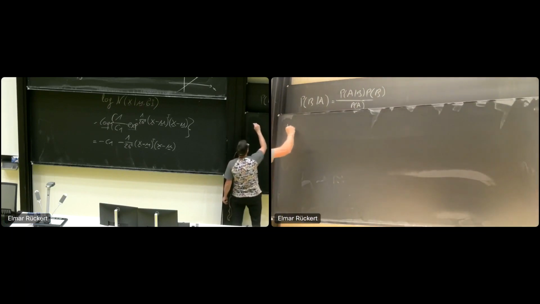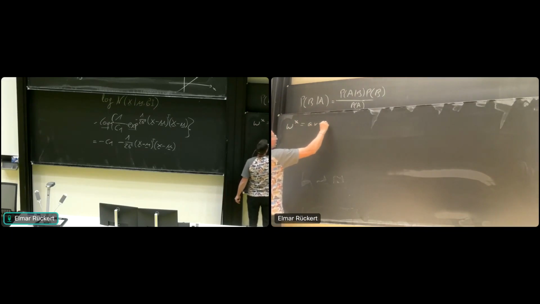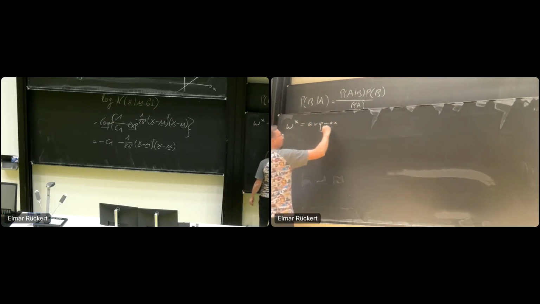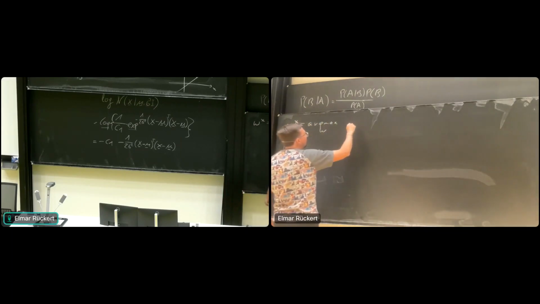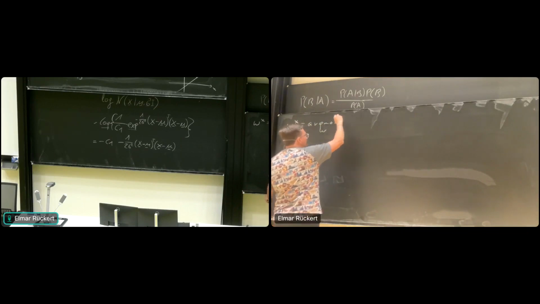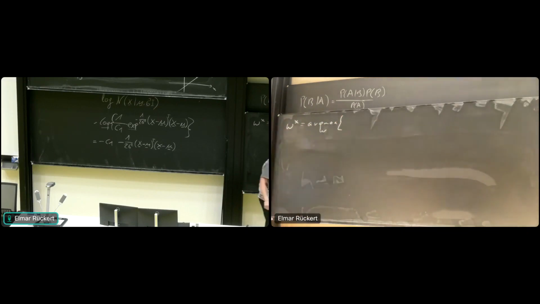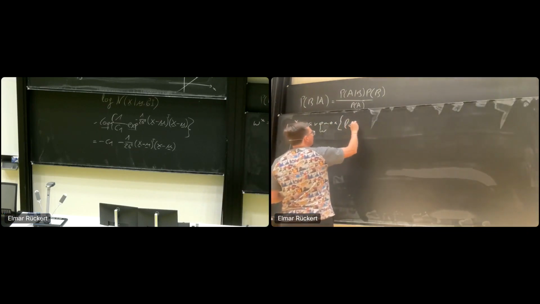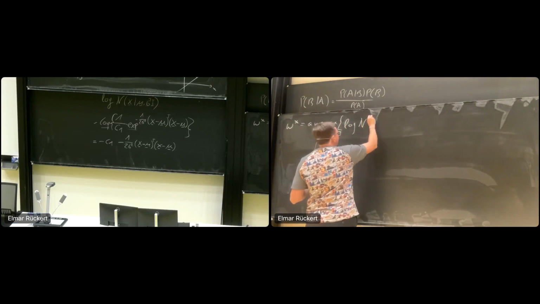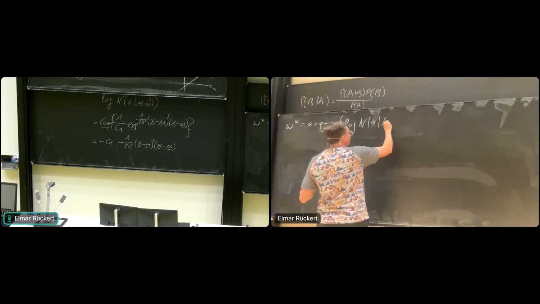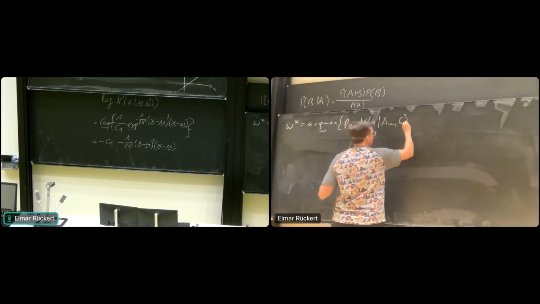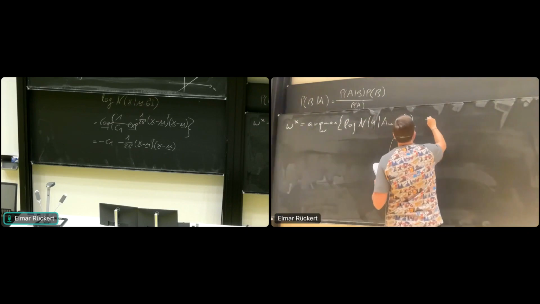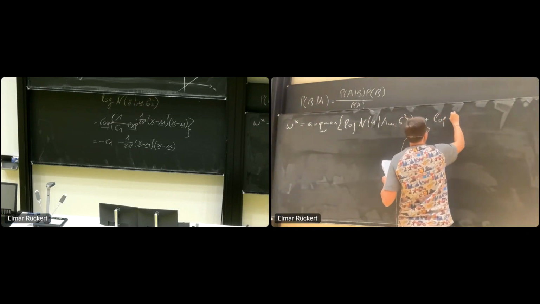So W star is given by argmax for W of, don't make a mistake here, log of our likelihood plus the log of our prior.